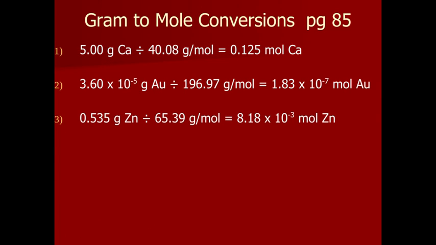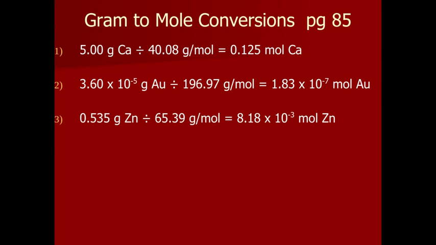All right, next I have 0.535 grams of zinc. So then I find zinc on the periodic table, and the mass of zinc is 65.39.